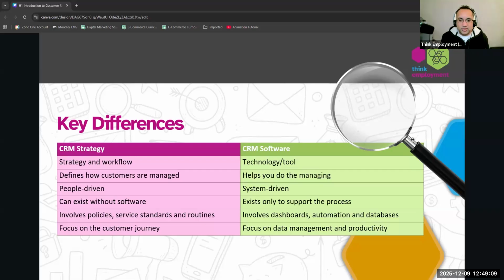For example, if I take Think Employment, with our CRM we have a chat so we can communicate. We have email as well. We have a cloud storage area. We have all the customer data, which is the learners, all of that in one place.